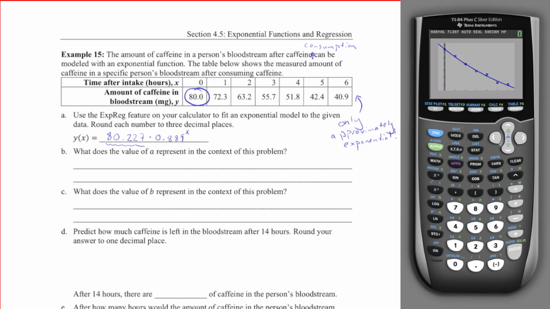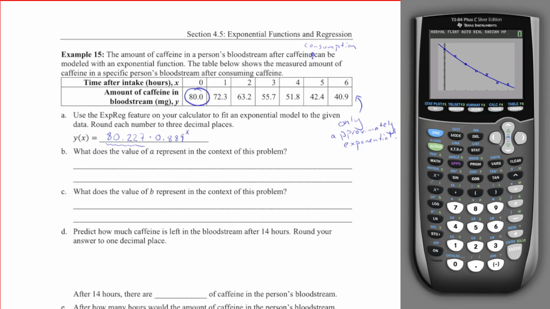Why would that happen? We said it's modeled with an exponential function. Well, measurements are inexact, right? It's really hard to get an exact measurement of the amount of caffeine in a person's bloodstream because you're not going to take their entire bloodstream and filter all of the caffeine out and measure it, because they need their bloodstream inside to live.